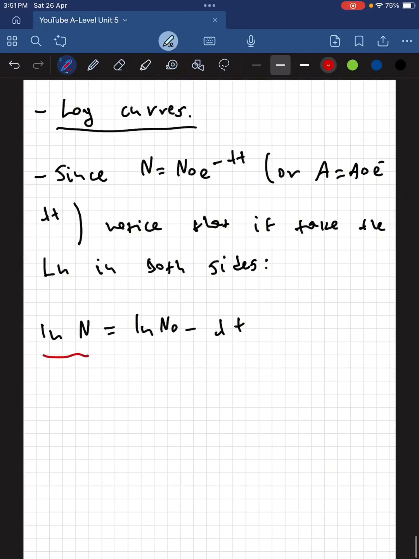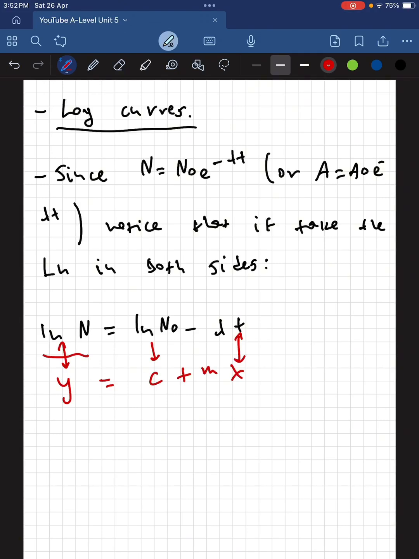This has the form y equals c plus mx. So t is x, ln of N is y, the constant c is ln of N naught, and the gradient of this curve is minus lambda.